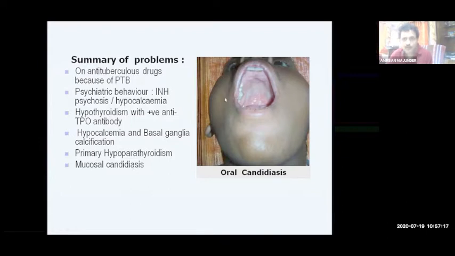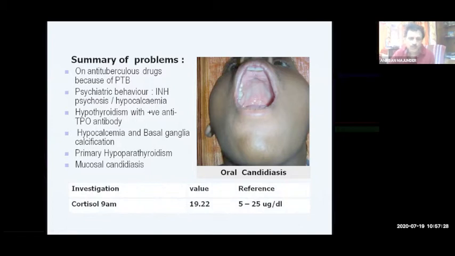And in the mouth, I'm sorry for the poor quality of the picture, but this patient has mucosal candidiasis, oral candidiasis. So we looked into the serum cortisol value of this patient because we suspected multiple endocrine autoimmune disorder, since this patient has one autoimmune disorder, a suspected autoimmune primary hypothyroidism.